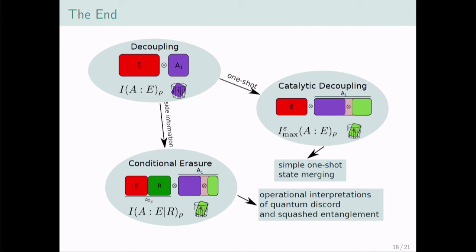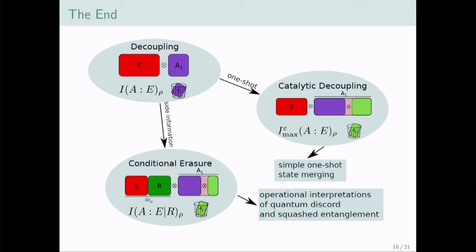Okay, so we're at the last slide. What did we do today? We generalized the decoupling paradigm, or erasure of correlations, to two new settings. One is the one-shot setting, where the max mutual information replaced the mutual information, and then also the setting with side information, where the quantum conditional mutual information was the relevant quantity.